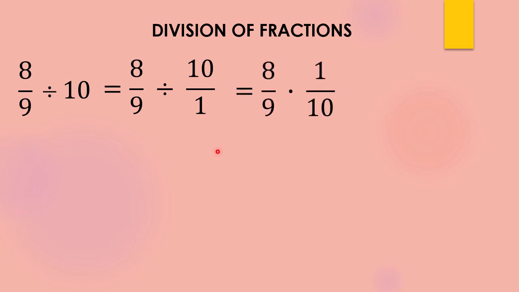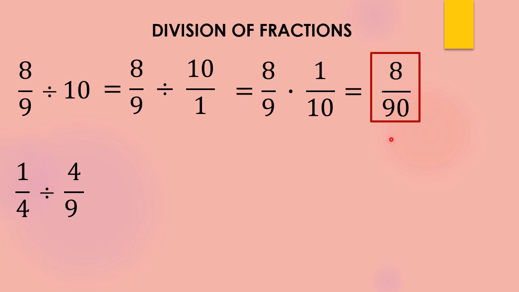Then change the division symbol into a multiplication symbol and then get the reciprocal of 10 over 1, it will become 1/10. So, let us multiply. 8 times 1 is 8. Then 9 times 10, 90. So we have 8 over 90. So this is now in its simplest form. So it is our final answer, 8 over 90.